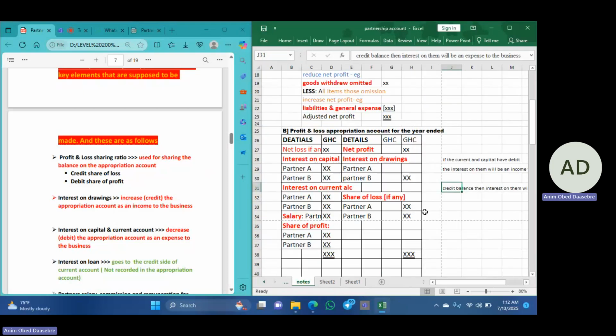All right. So after we are done, you see that the debit side and the credit side will be equal. They have to be. So this is how we prepare the appropriation account. Now we are done with the appropriation account.